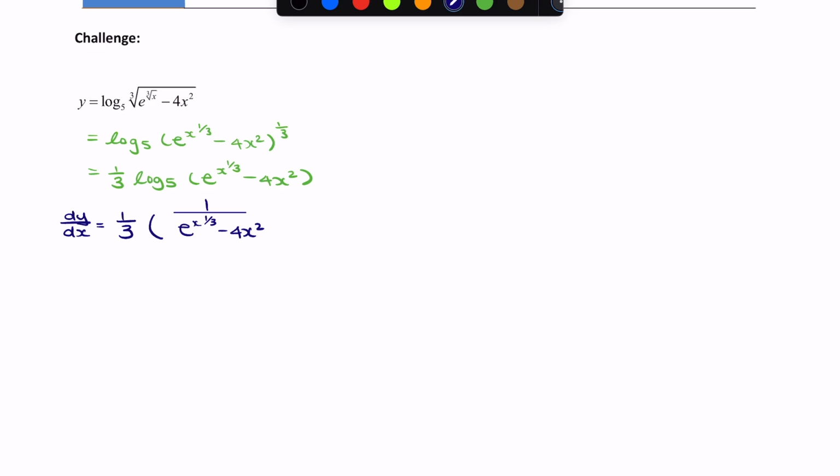We'll have to find the derivative of the inside, so e to the power of x to the power of 1 over 3 minus 4x squared. And so e to the power of x to the power of 1 over 3, and then we have to find the derivative of x to the power of 1 over 3, which will be 1 over 3 x to the power of negative 2 over 3, and then find the derivative of negative 4x squared, which would just be negative 8x.